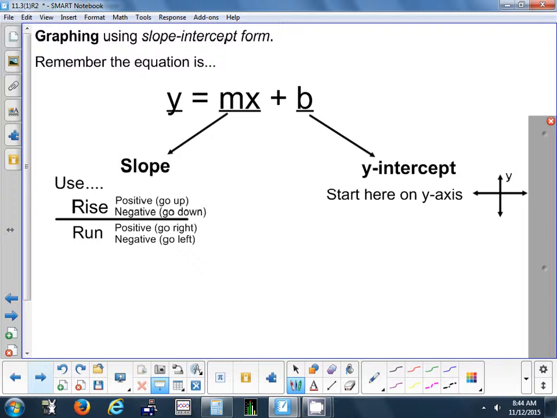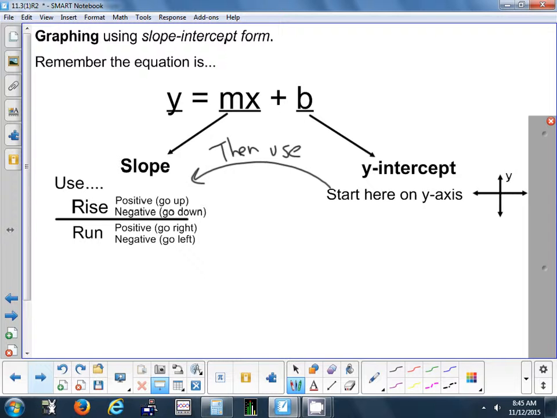You find that number on the y-axis, and then from there you'll use your slope. Find your y-intercept first, graph it on the y-axis, and then we go from there.